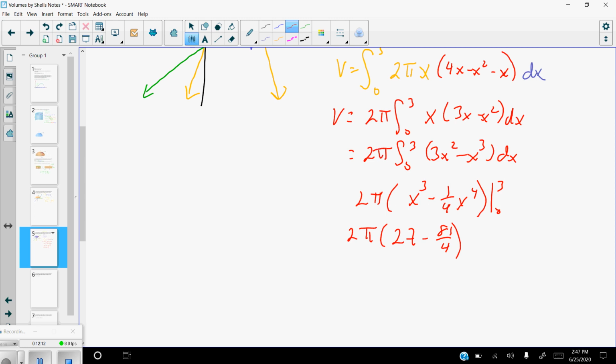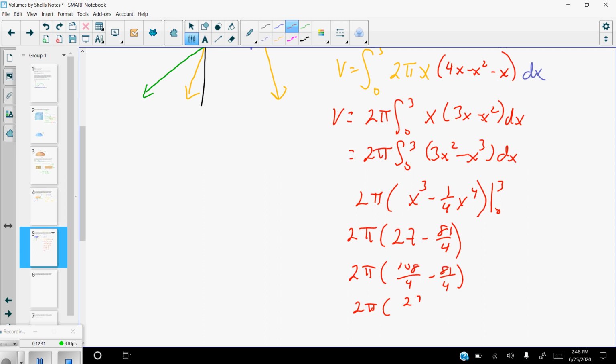So it looks like we're going to have to put all of this into terms of fourths. Probably the easiest. So 27 is 108 fourths, minus 81 fourths. So we get 2 pi times, 108 minus 81 is 27.